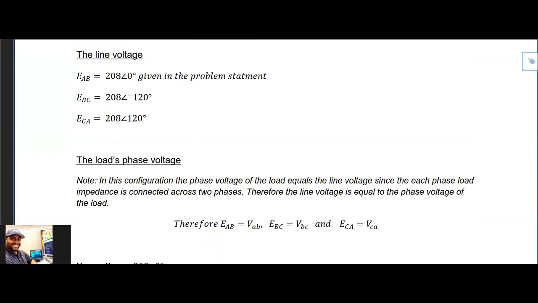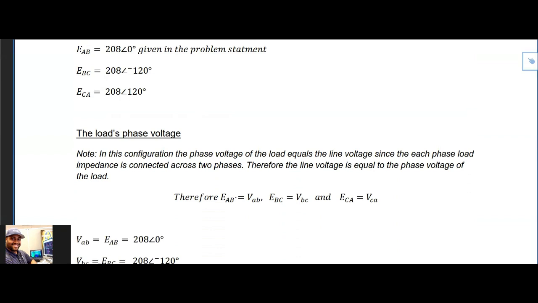The load phase voltage. Note in this configuration, the phase voltage of the load equals the line voltage since each phase load impedance is connected across the two phases. Therefore, the line voltage is equal to the phase voltage of the load.